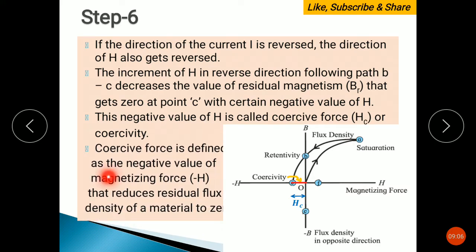It is the negative value of the magnetizing force that reduces the residual flux density of the material to 0. So coercivity is a certain negative value of external magnetic field required to make the residual magnetic field of the material 0.